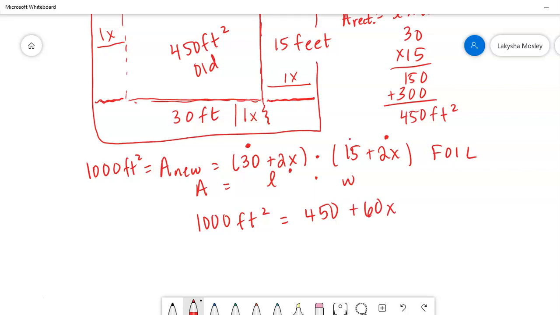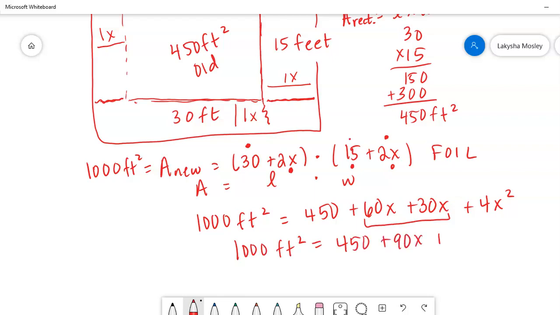Then the inner terms give me 30x. Then the last two terms give me plus 4x squared. Like I said before, the outer and inner terms can be combined, so these two come together. I'm going to rewrite everything from left to right: 1,000 feet squared equals 450 plus 90x plus 4x squared.